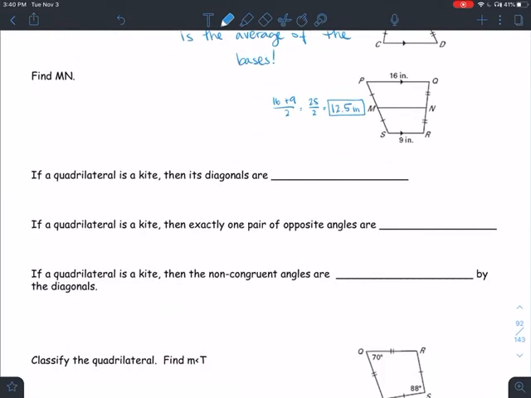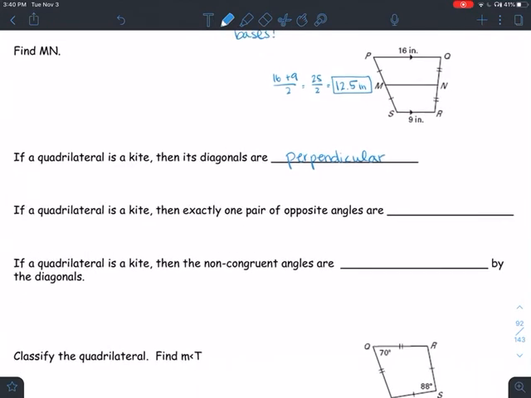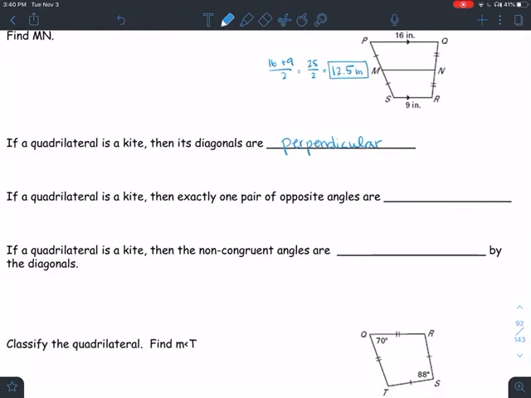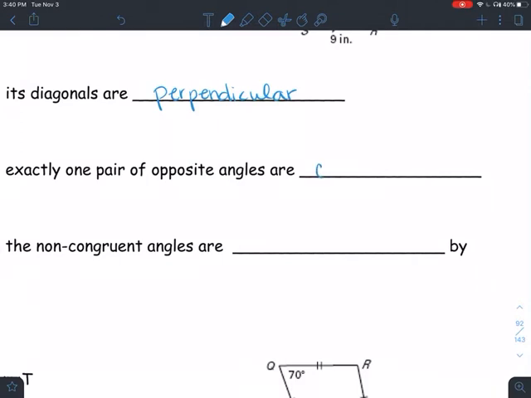If a quadrilateral is a kite, then its diagonals are perpendicular. And if a quadrilateral is a kite, then exactly one pair of opposite angles are congruent.